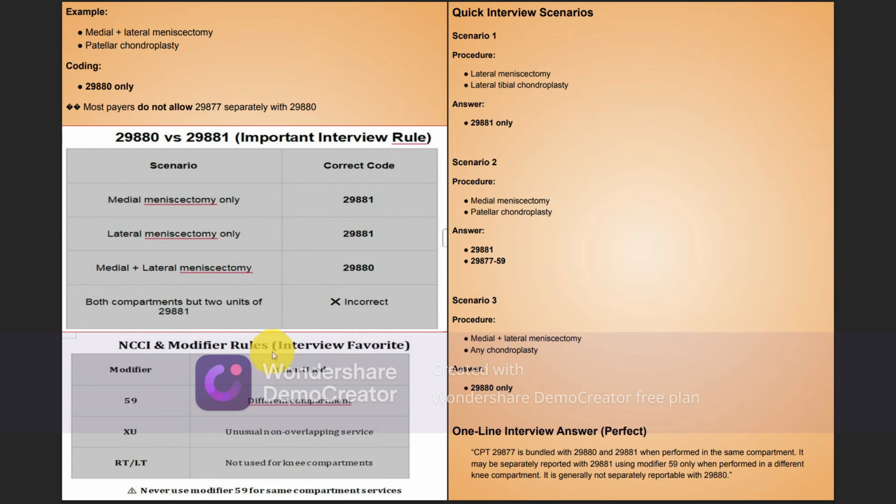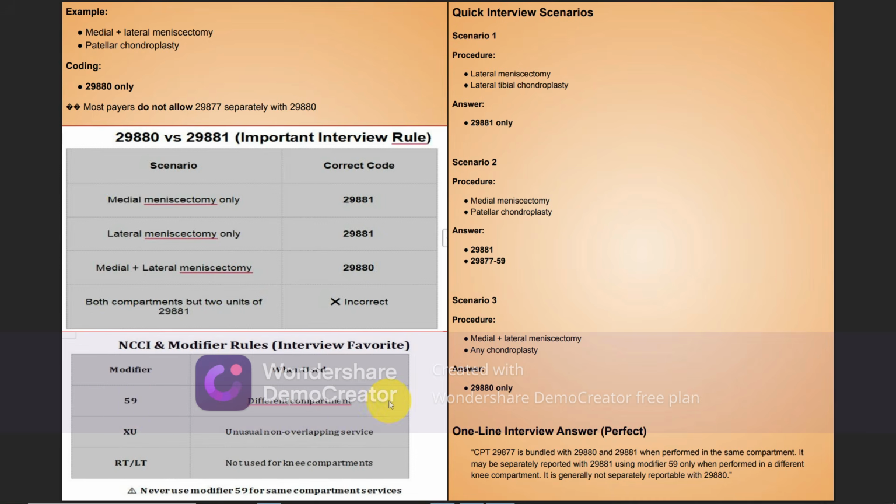NCCI and modifier rules are interview favorites. Modifier 59 is for a different compartment. XU is for unusual non-overlapping services. So you will be able to see the NCCI edit and modifier rules. When is a modifier used, or what is the modifier?